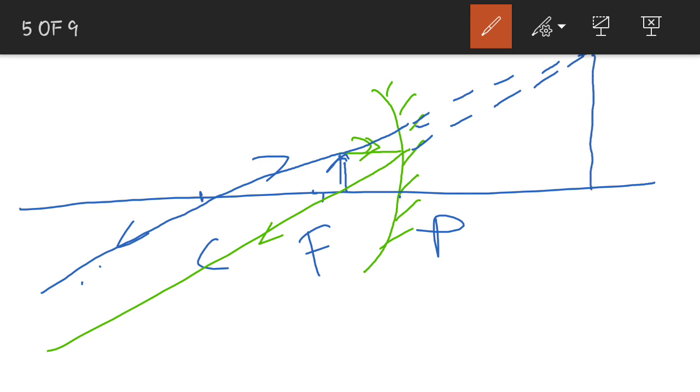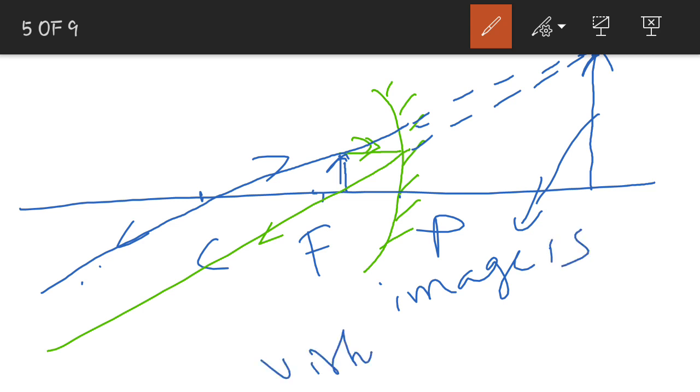So the image formed is here, which is virtual, erect and enlarged. The size of the object is very small and the image formed is very tall. So the image formed is virtual, erect and enlarged.